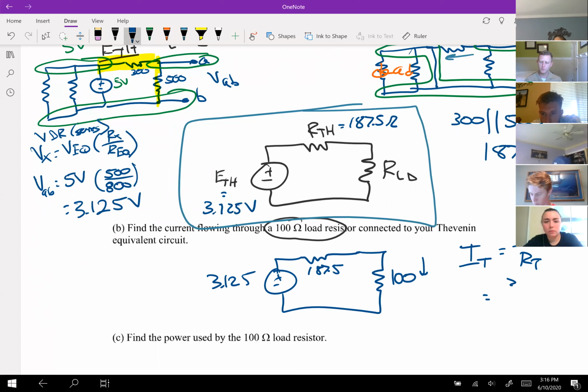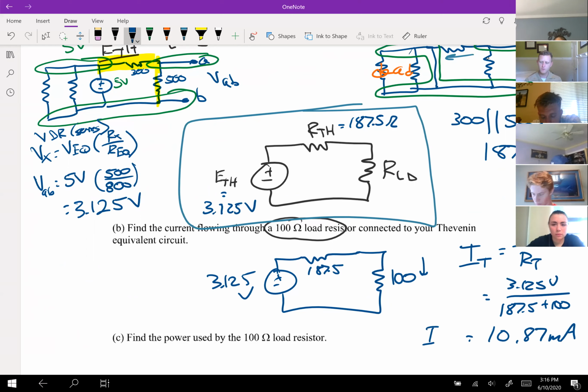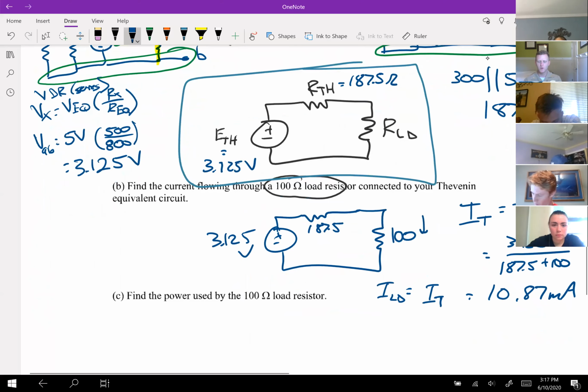Well, my V total is 3.125 volts. My R total is 187.5 plus 100. And that comes out to 10.87 milliamps. That is I total, which is also the I load, because it's a series circuit. They all have the same current flowing through.